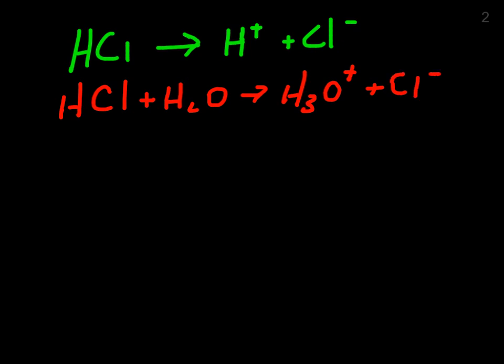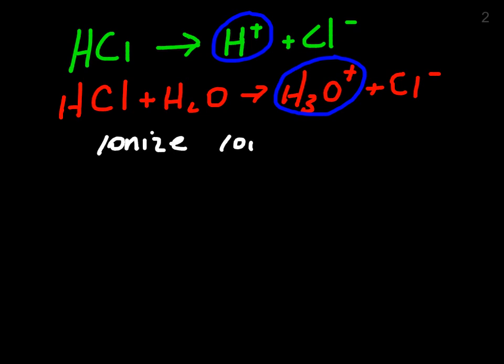These are synonymous, the same thing, because this critter in acid-base chemistry is the same thing as that critter. But the point is, these are strong because they ionize 100%.